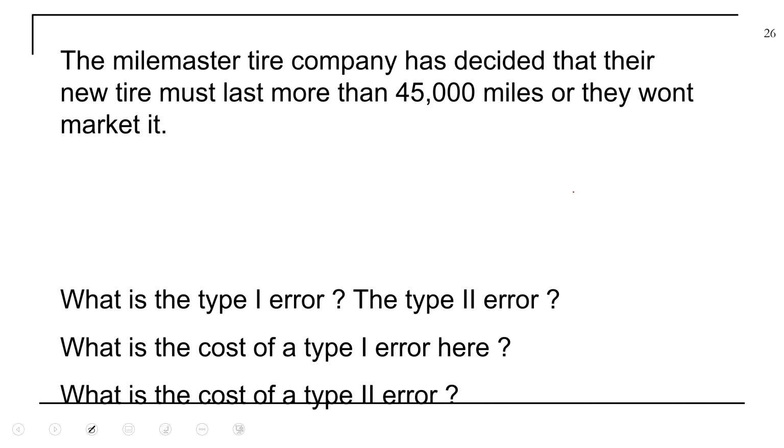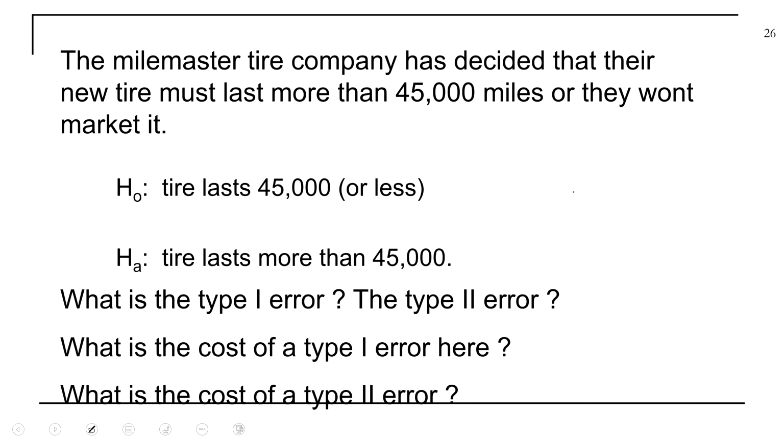As another example, the Master Tire Company has decided their new tire must last more than 45,000 miles or they won't market it. The null hypothesis is it lasts 45,000 miles. The alternative is that it lasts more than 45,000 miles. What's the type 1 error here? Reject the null when it's true.